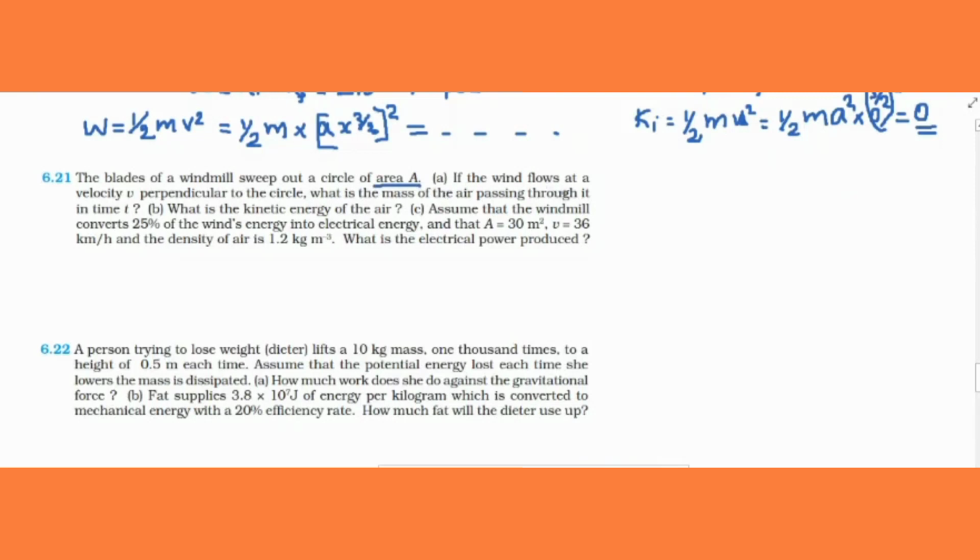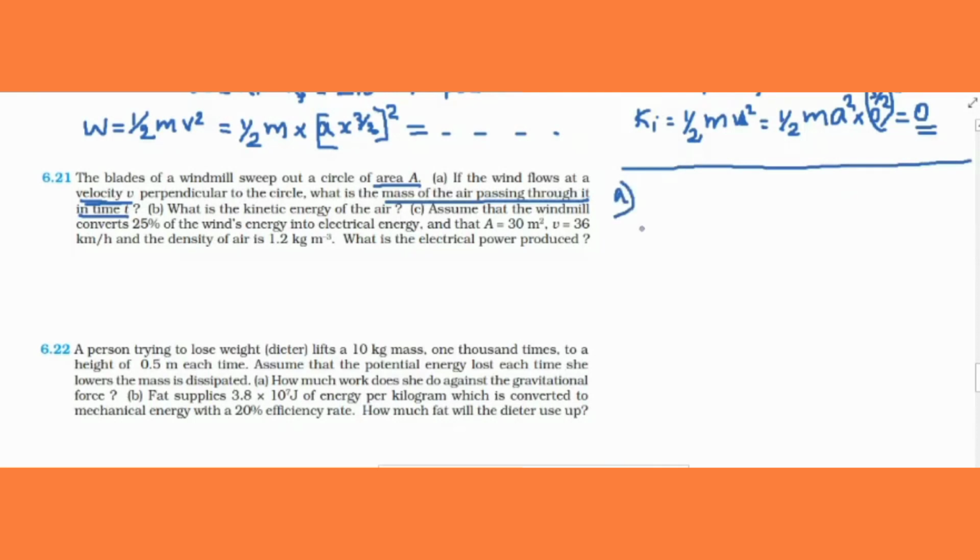If the wind flows at a velocity V, velocity of the wind, perpendicular to the circle, means perpendicular to the blades, what is the mass of the air passing through it in time t? That is part A. Mass of air passing through it.